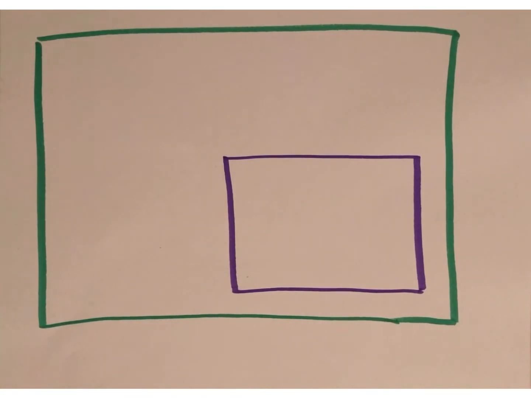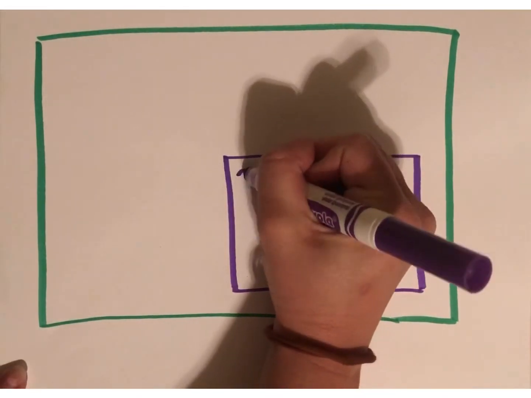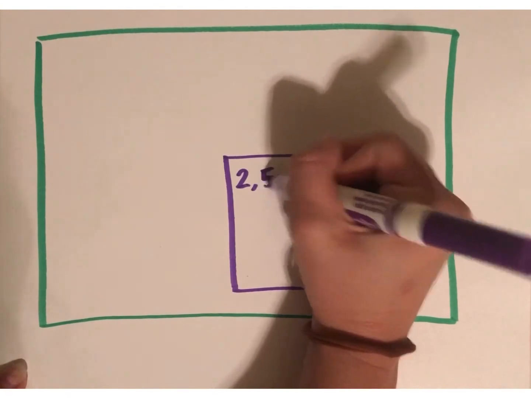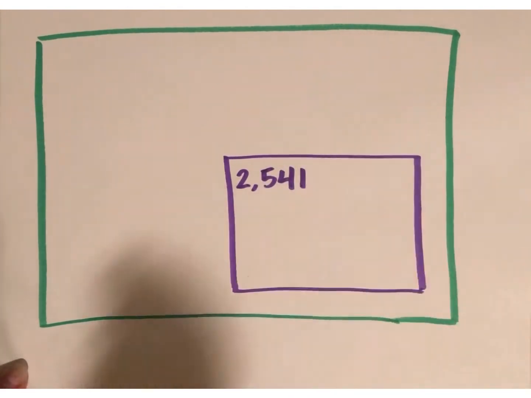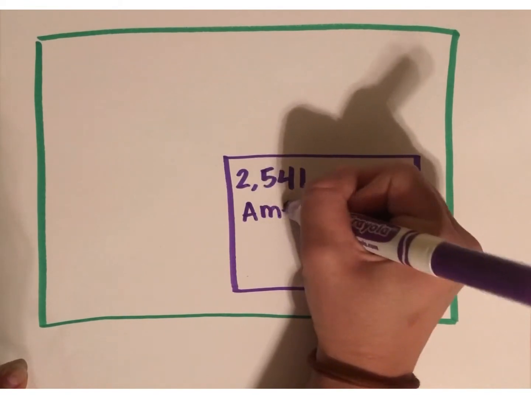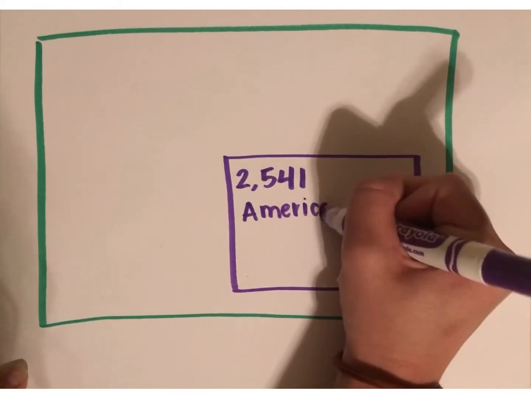A survey of 2,541 American households. Pause right there. That tells us the sample. Unless you think there's only 2,541 homes in America. That is our sample. That is who they interviewed.